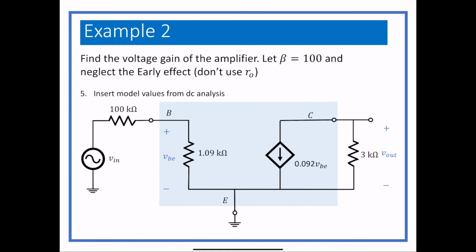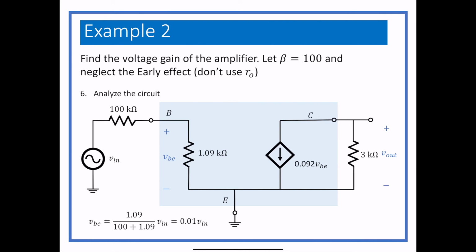So we're actually going to lose quite a bit of voltage there because 100K is a whole lot bigger than 1.09K. So we're going to lose a good bit of VN to start with, and we're going to end up with about 1/100th of VN at the base emitter. So kind of a small value there. Most signal resistances aren't as big as 100K, so that helps a little bit.